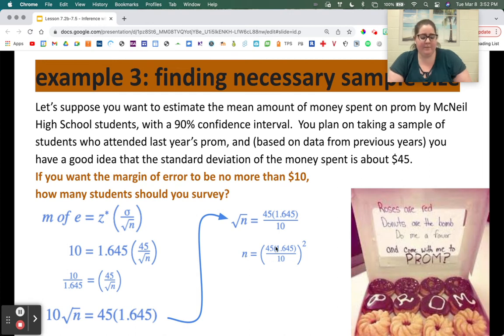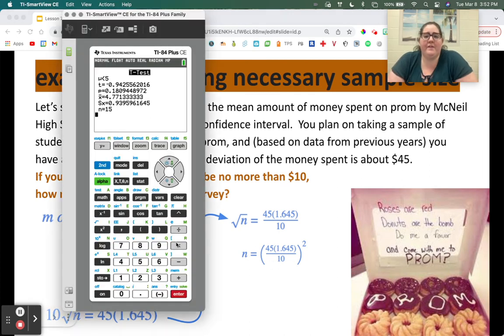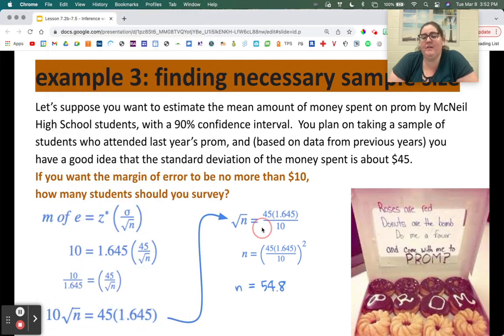And this is what I'm putting in my calculator: 45 times 1.645 divided by 10, close parentheses, squared. I get a value of 54.797.